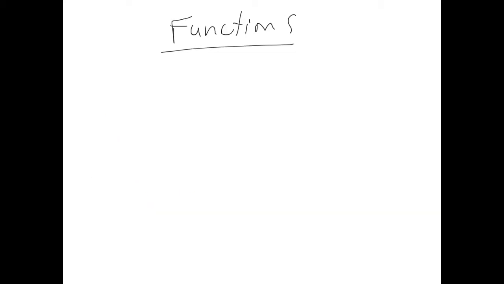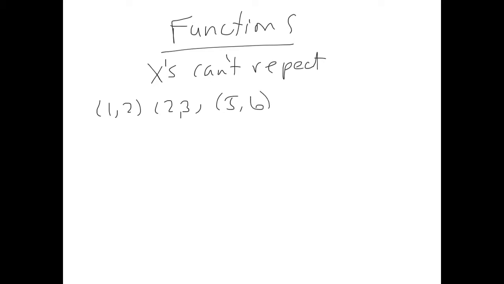Functions. The main thing about functions is that the x's can't repeat. Okay, so in all situations, you're looking at the x's. So if you have ordered pairs, then you're looking at that front number. Those don't repeat, so that's a yes.